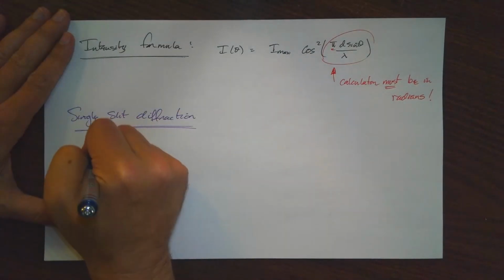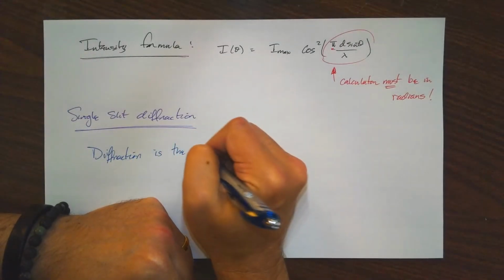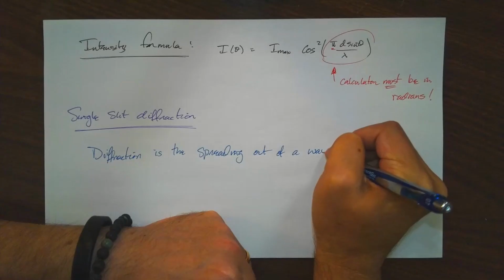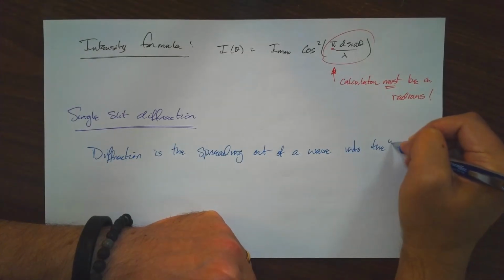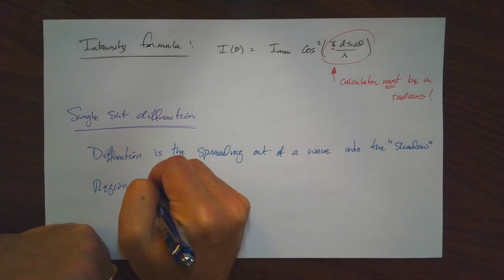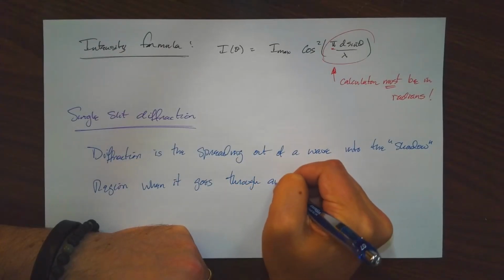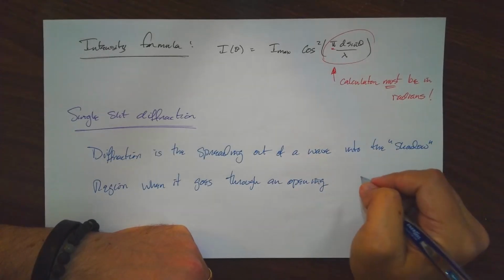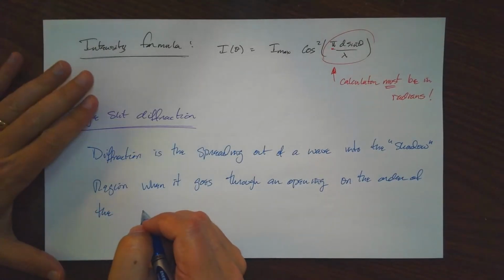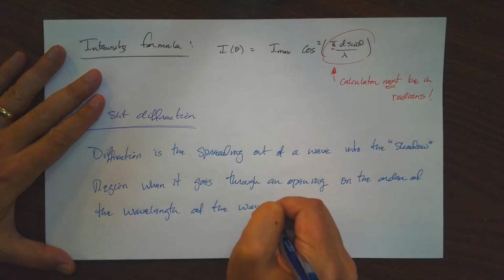Diffraction is the spreading out of a wave into the shadow region when it goes through an opening on the order of the wavelength of the wave.